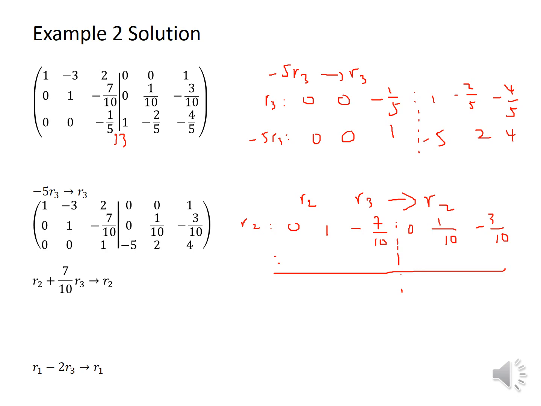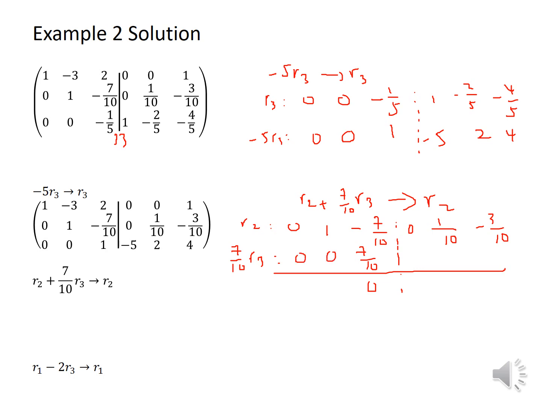So how to convert this negative 7 over 10 to be 0? The only way is negative 7 over 10 plus the 7 over 10. So we will produce 0, right? So meaning that we need to multiply the R3 by 7 over 10. And we plus.